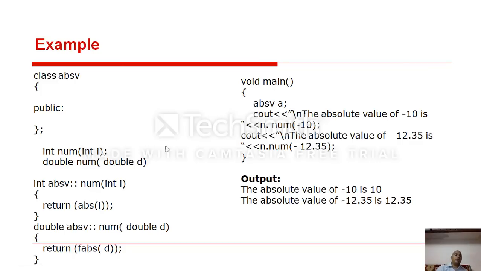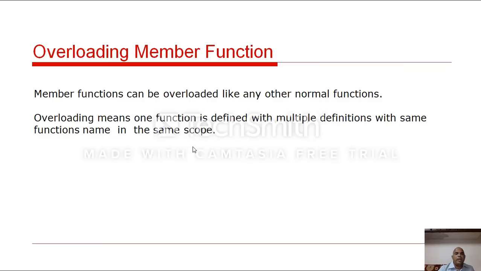Double num double D. Then these two member functions are the same, but the return type and sending arguments are different. Remember one thing: the names of these two are the same, but the return types and the arguments are different. That is the main important concept. Write and explain overloading member functions.